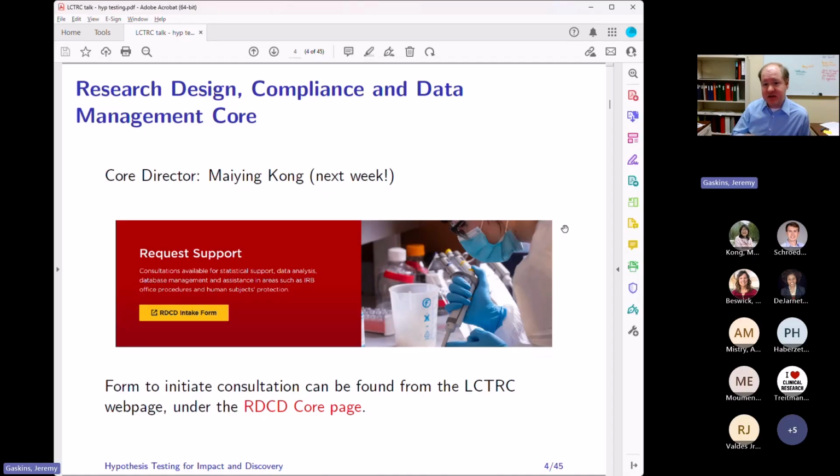The Research Design, Compliance, and Data Management Core Director is Mai-Ying Kong. She'll be giving a talk next week on some other aspects related to statistics and data management.